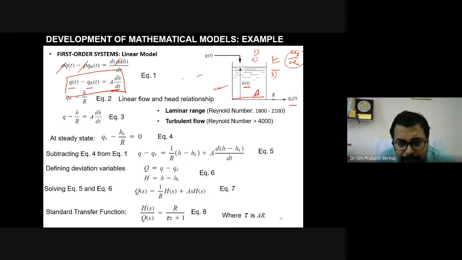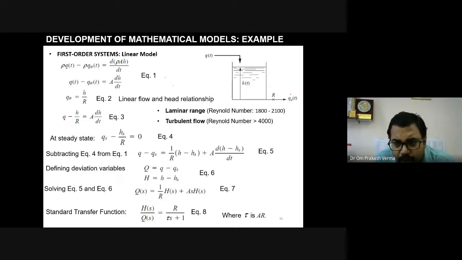Now come to the next part, which is very, very important. Q_0 is leaving the tank with the help of some valve. There is a valve attached here, and this valve may be controlled.